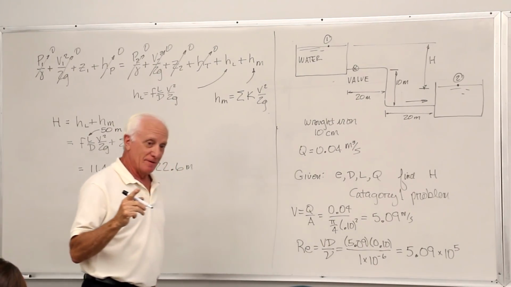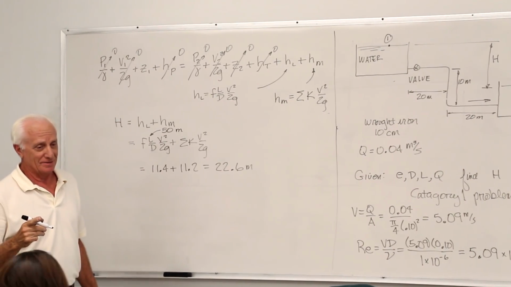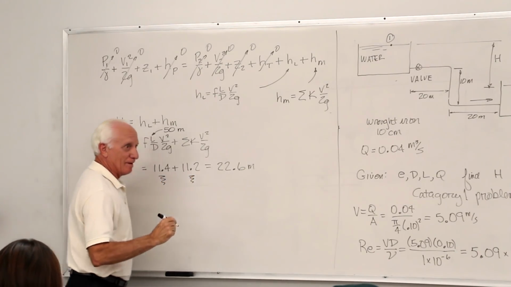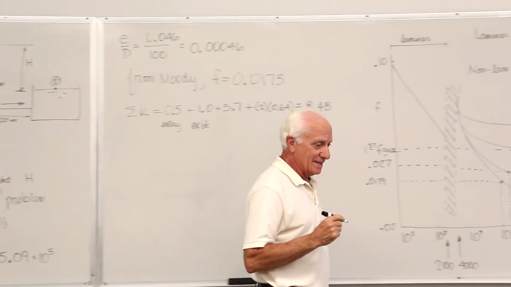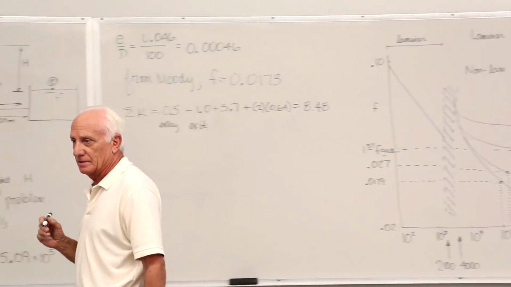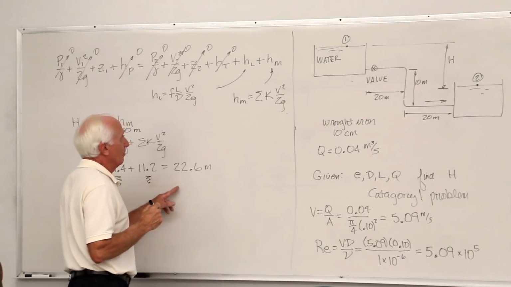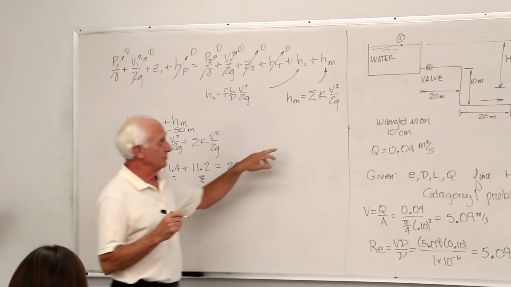Now, as I told you before, they're called minor losses because normally they're not as big as the straight pipe losses. Not here. They're about the same. They sure aren't minor, don't neglect them. Why is that? Because the pipe length is only half a football field, 50 meters. So the straight pipe loss is about equivalent to the loss through that valve.